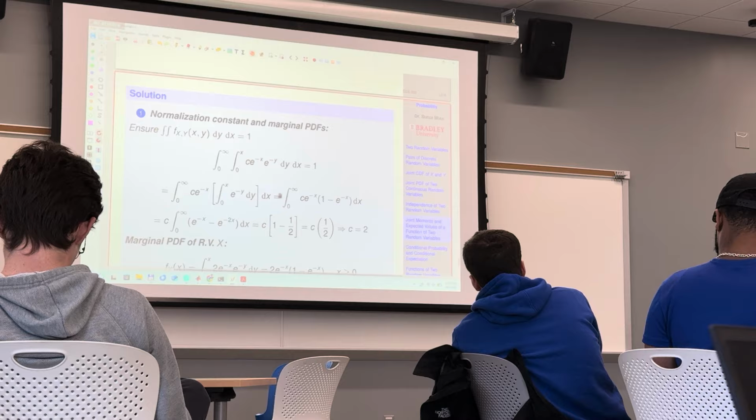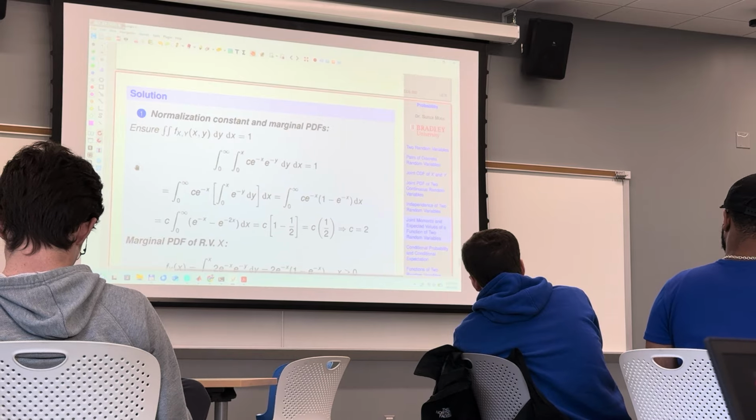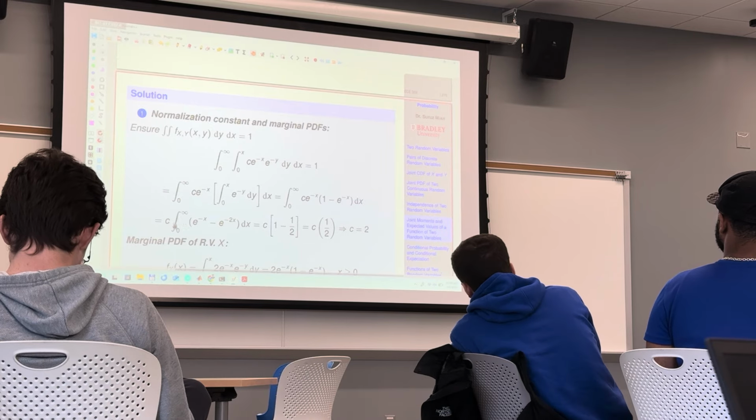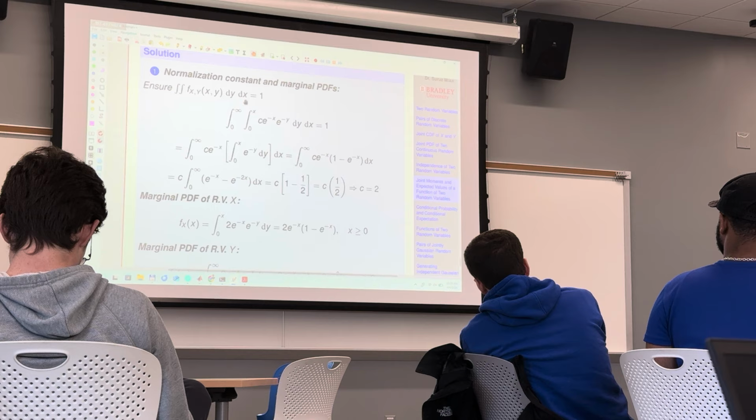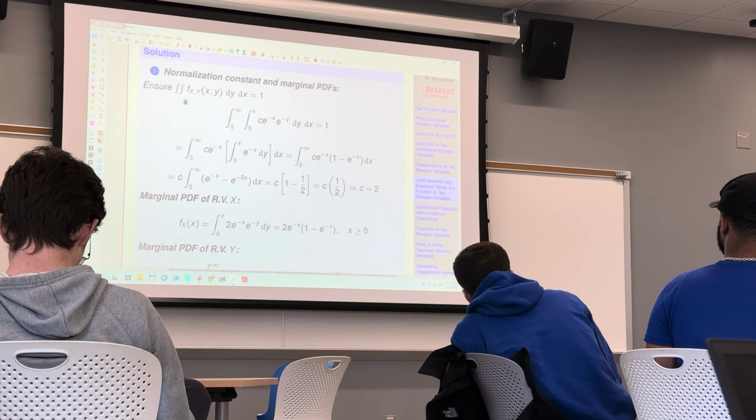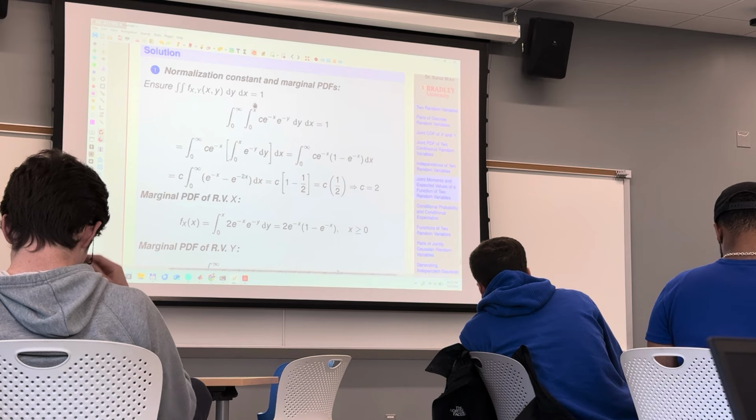To find it, we set this integration equal to 1. So you have negative infinity to positive infinity, negative infinity to positive infinity equals 1.